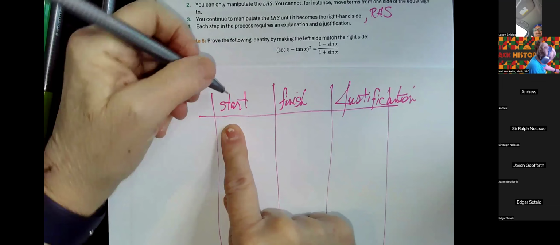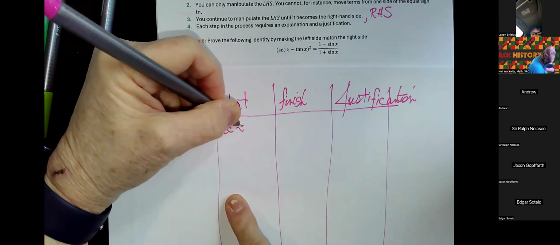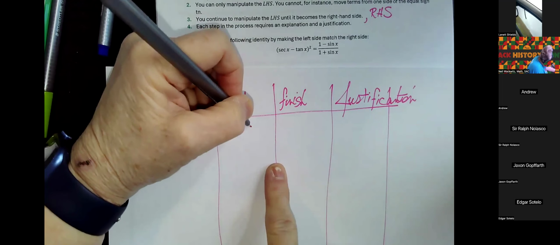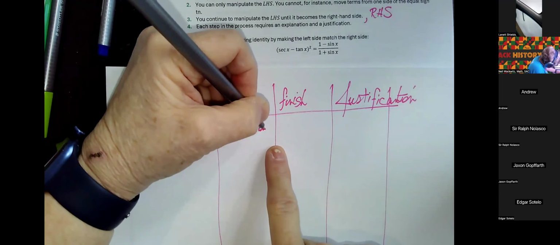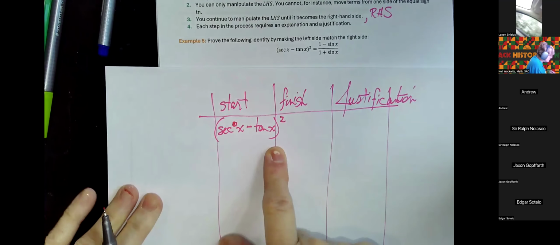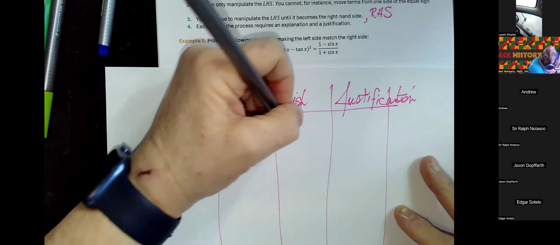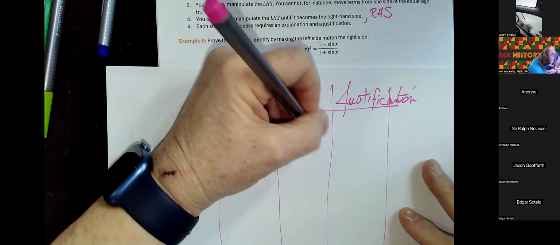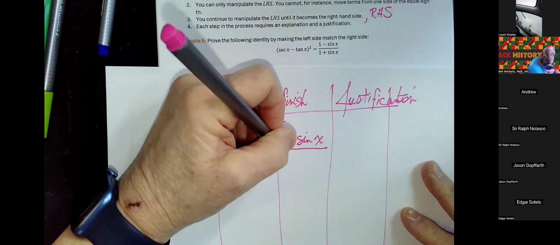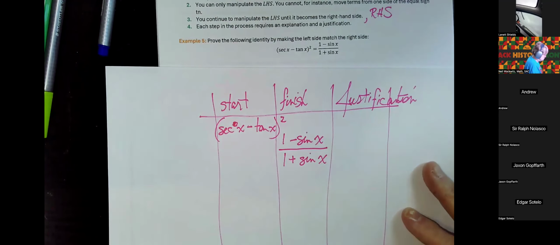And we're starting with secant x minus tangent x all squared. We want to end up with 1 minus sine x divided by 1 plus sine x.